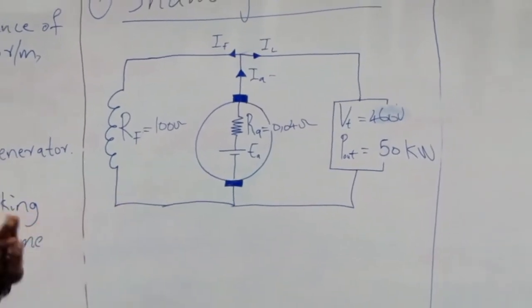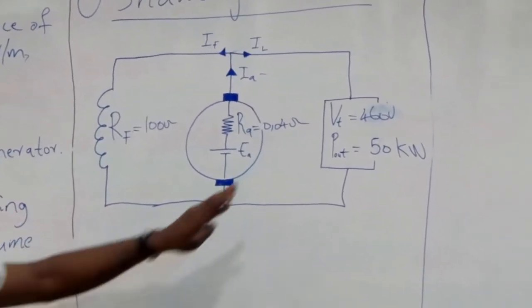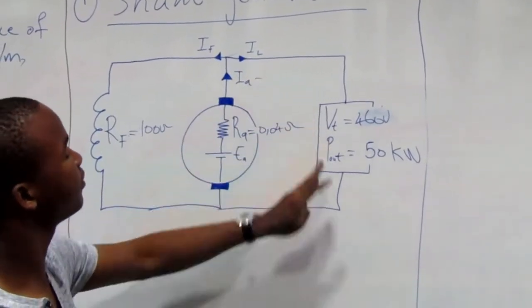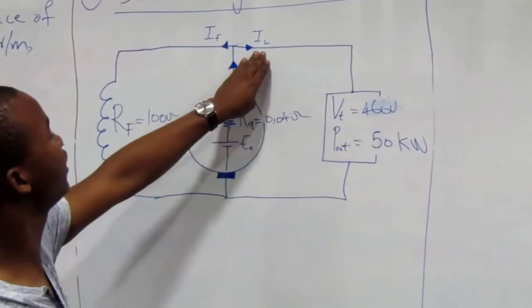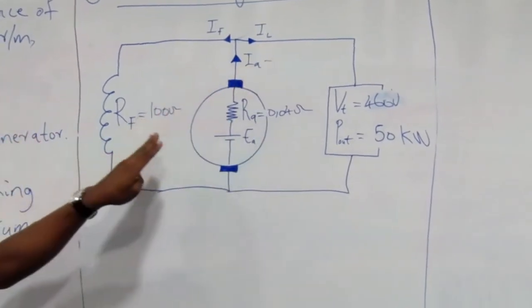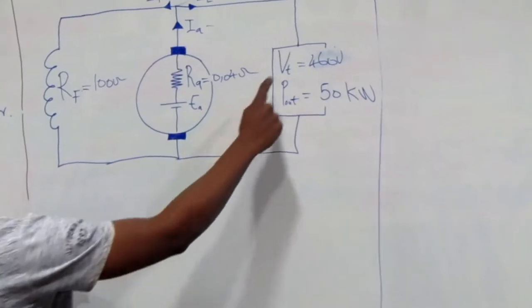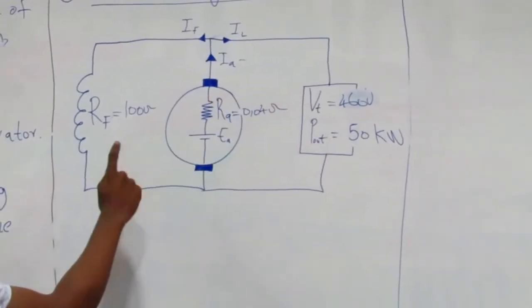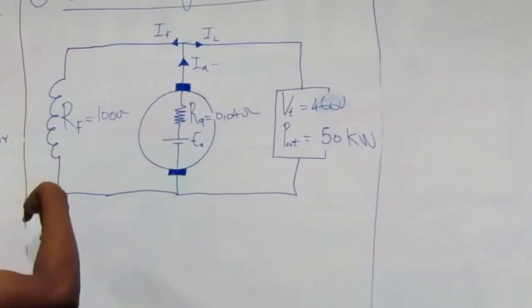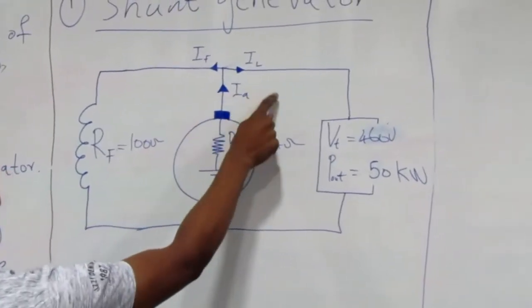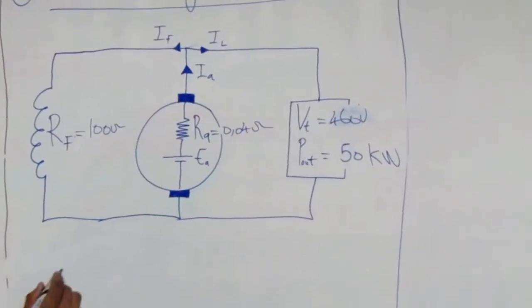If you are given V terminal and power output, you can calculate your I load. Remember, our V terminal is also equal to the voltage across this branch, so we can calculate IF, then we calculate IA.